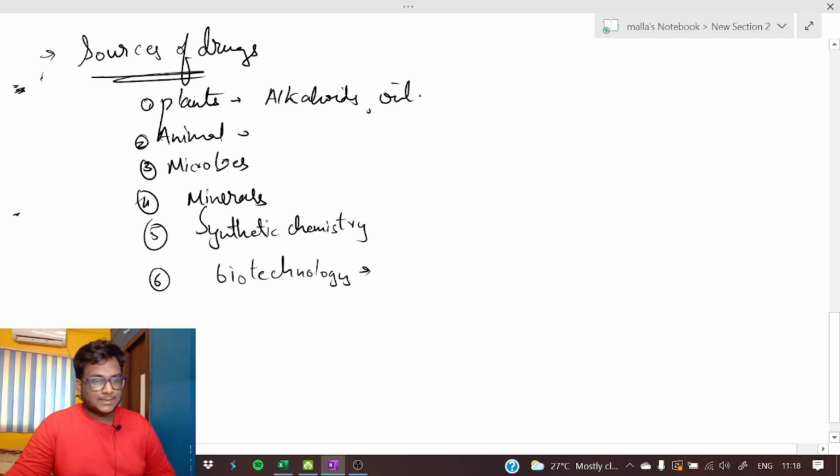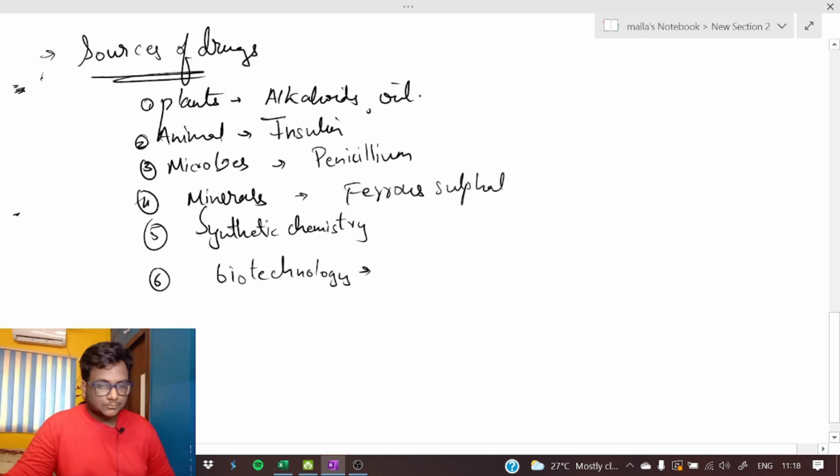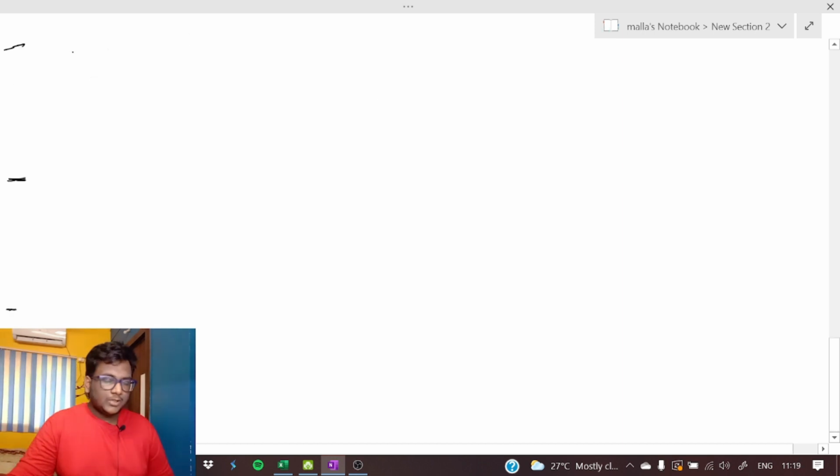From animals, hormones like insulin, etc. From microbes, penicillium, minerals like ferrous sulfate, and synthetic chemistry and biotechnology we use in daily life to create many medicines.